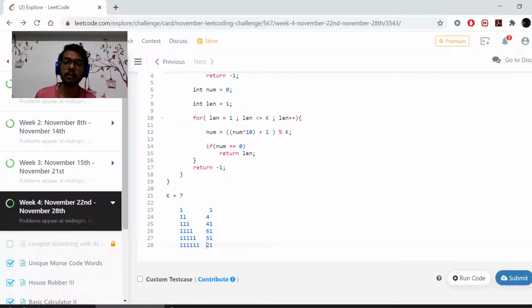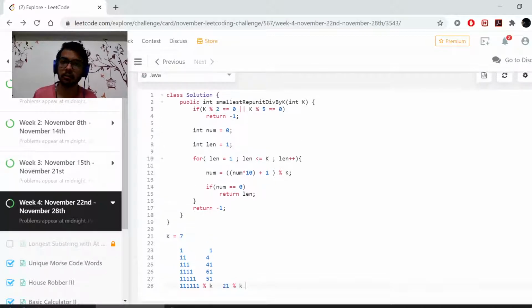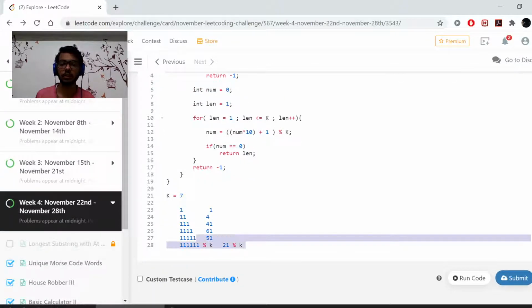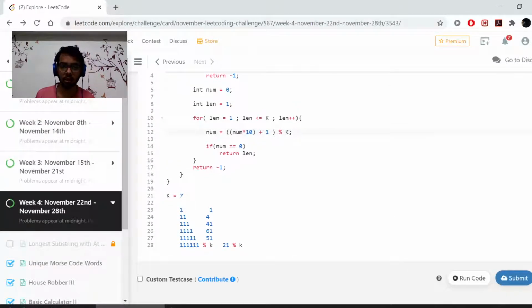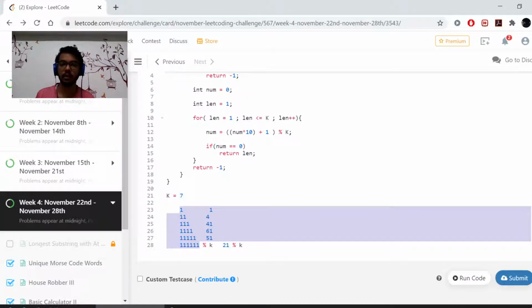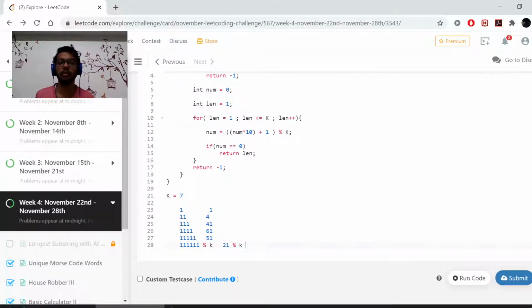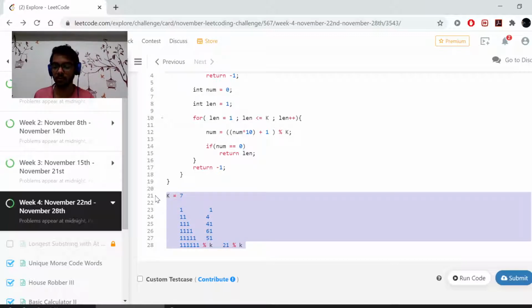If we take a modulus of this and a modulus of this, they are virtually the same thing. So it's easy for us to take a mod here and not increase the number, and just keep the number in constant space.